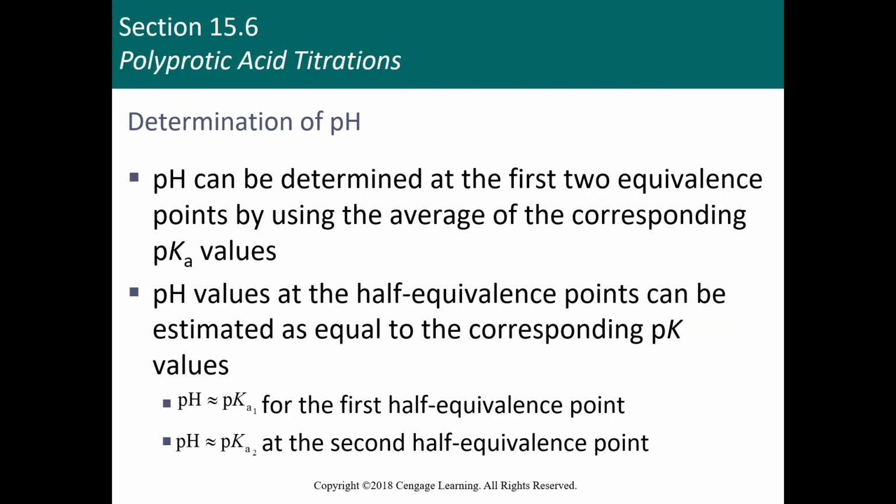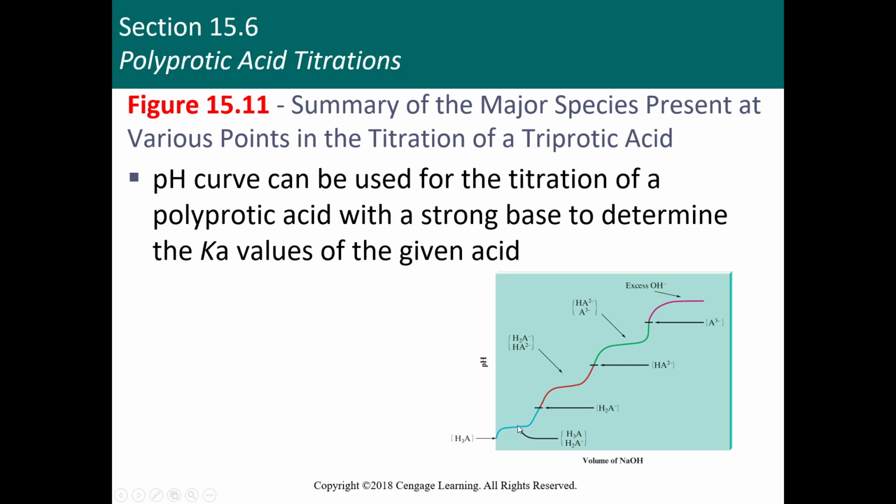All right, so one of the things that you may not have realized here is your pH at the first 2 equivalence points can be determined by using the average of the corresponding pKa values. Okay, so if you take these average corresponding pKa values that you get from here, that will actually give you a very, very good approximation of your equivalence point here.